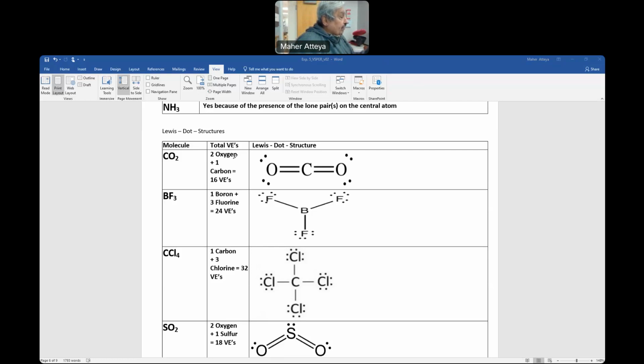So if I have, for example, fluorine here and hydrogen here, this one has 7 valence electrons. So we just go back here.